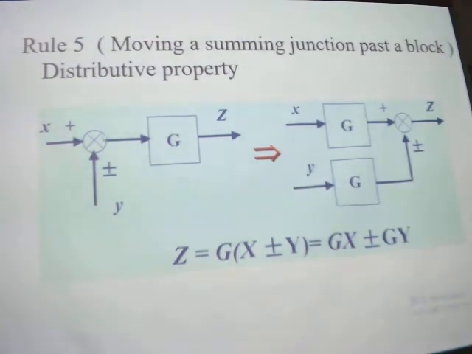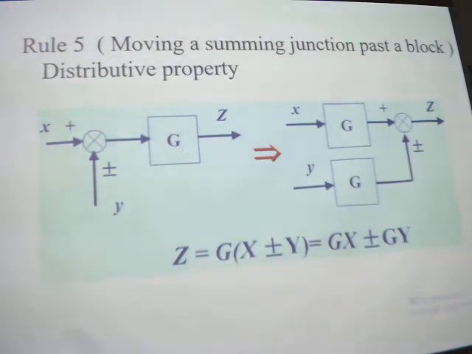Now, if the summing junction and this block change position, then the input or output we should also give this block. Why? Because x minus or plus y, then times g.